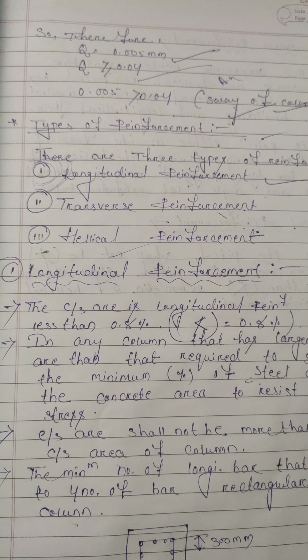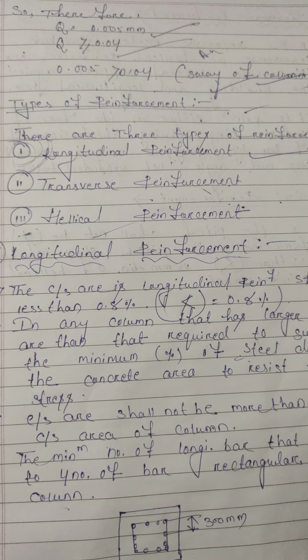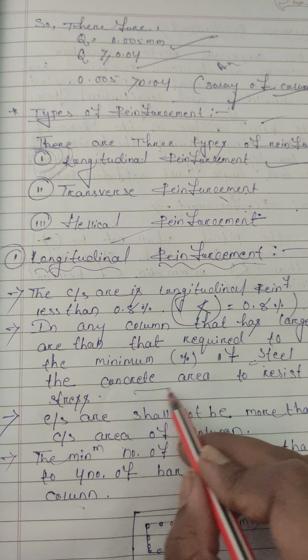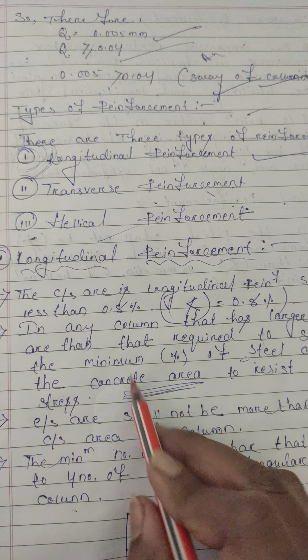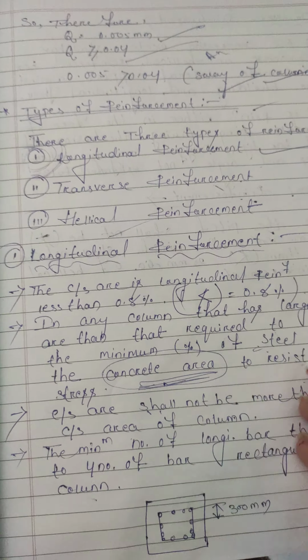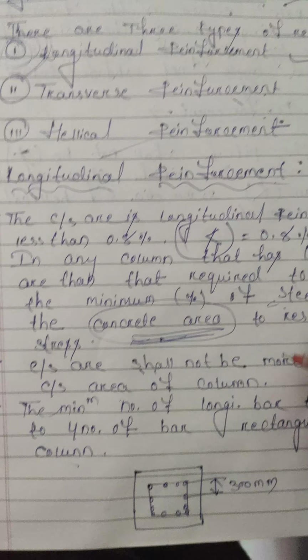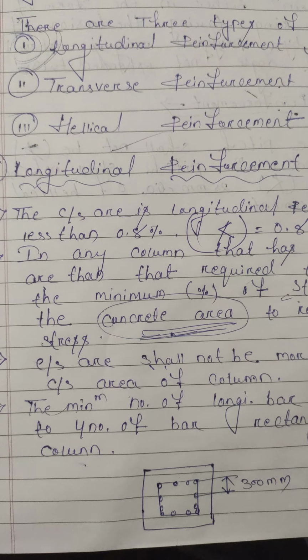The minimum percentage of steel depends only upon the concrete area to resist the direct stress. The applied force is distributed over the concrete area, and this is known as the longitudinal reinforcement.